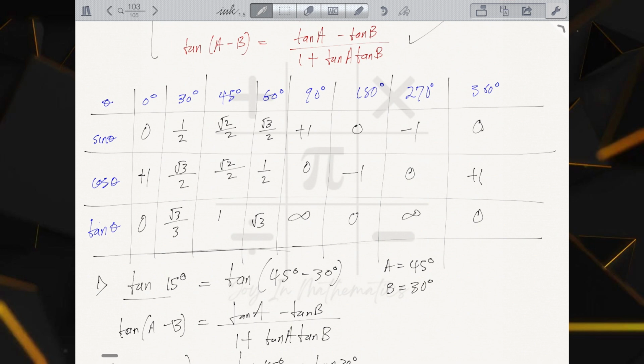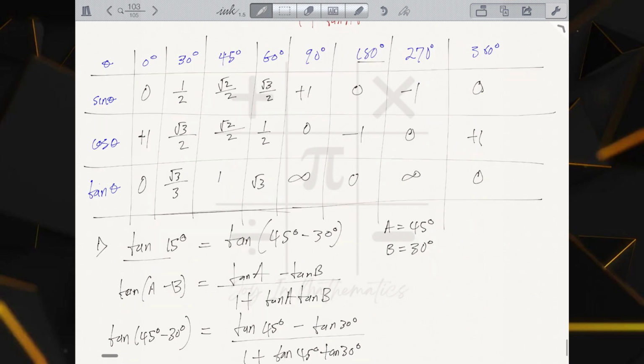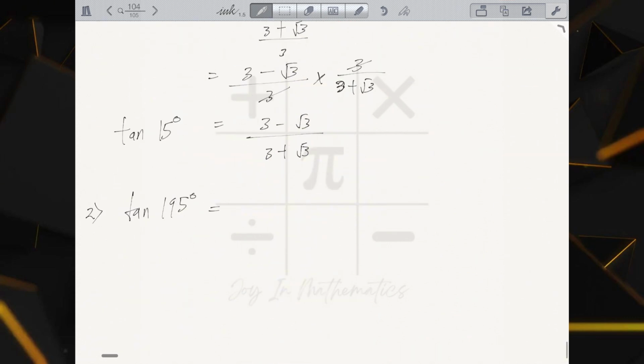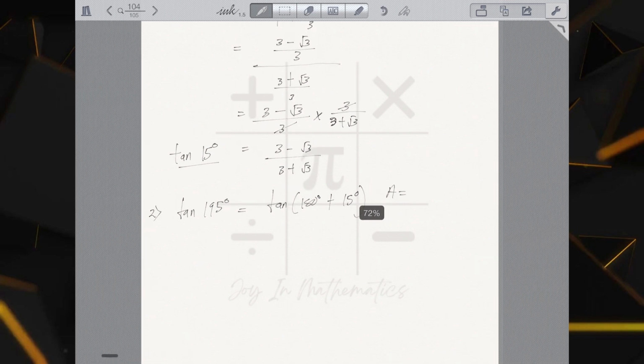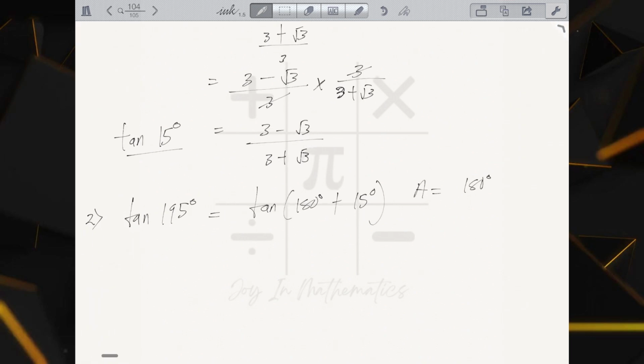We can see now that if we take 180 degrees and 15 degrees, we will have 195 degrees, and we have an expression for tan 15 degrees already. So we are building a block here. So this will be tan of 180 degrees plus 15 degrees. 180 plus 15 is equal to 195. So in essence, we are saying that A is equal to 180 degrees and B is equal to 15 degrees.